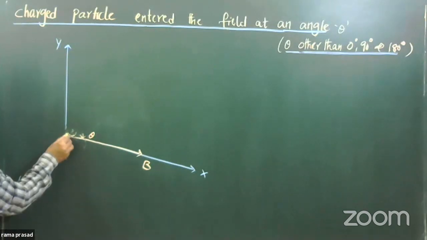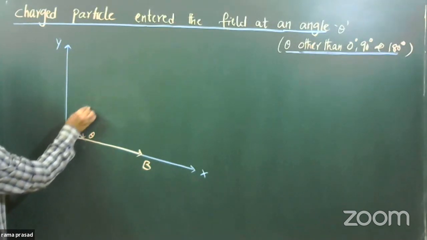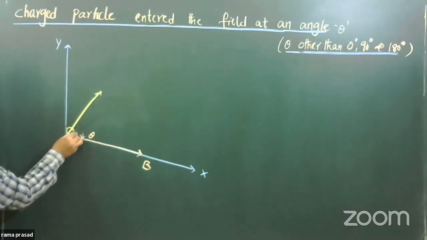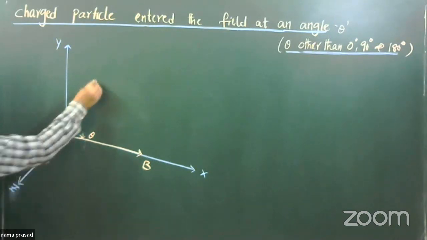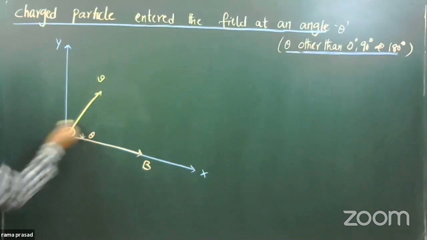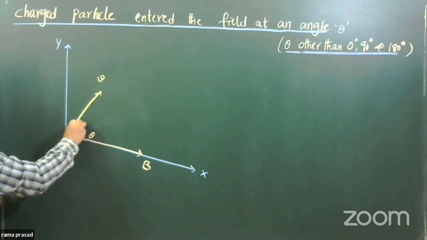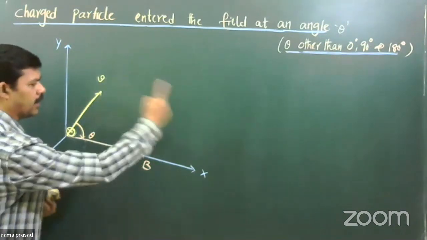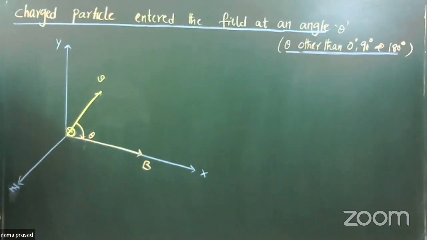See, for my convenience, it is entering the field, making an angle theta with the field. Okay. Then what happens? It moves in a helical path.